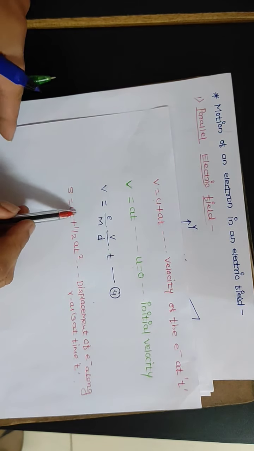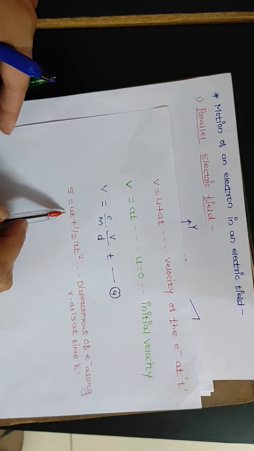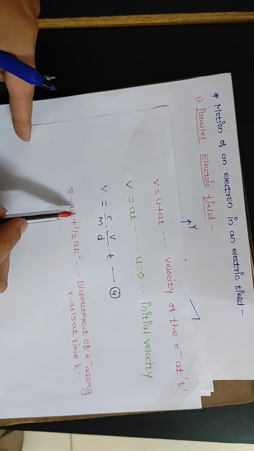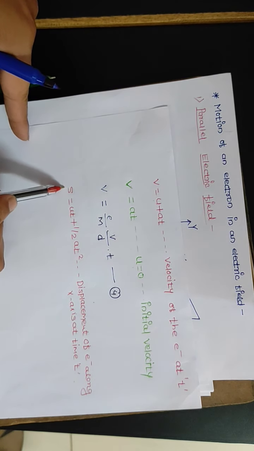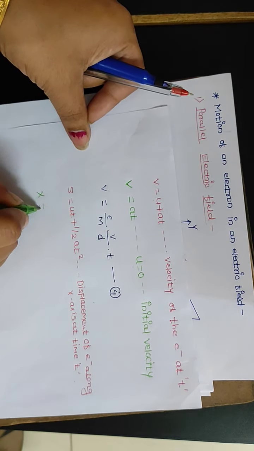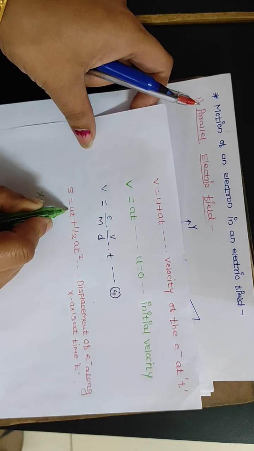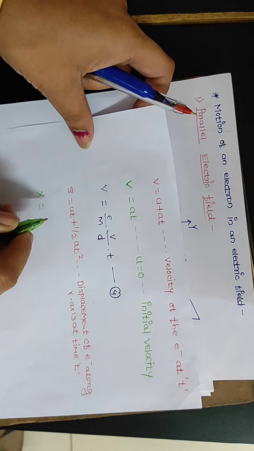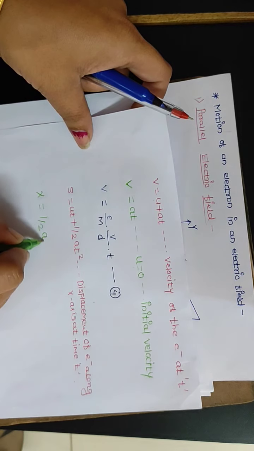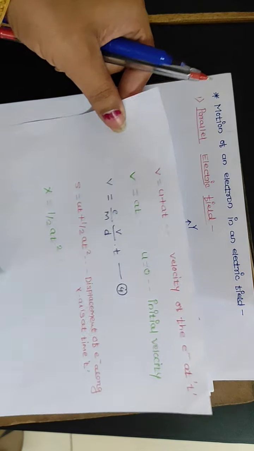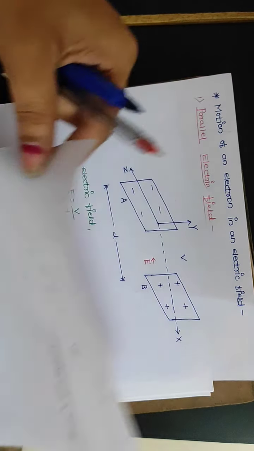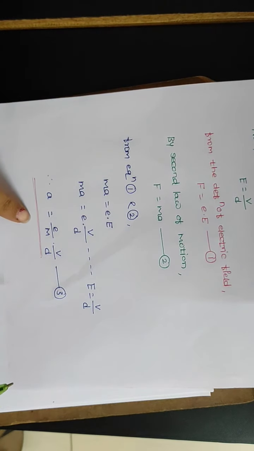Here, the initial velocity u is equal to 0, and the displacement at time t along the x-axis is x. Then this equation becomes x is equal to 1/2 a t square, as the u t term will be 0. We know that the acceleration a is equal to e by m into V by d.